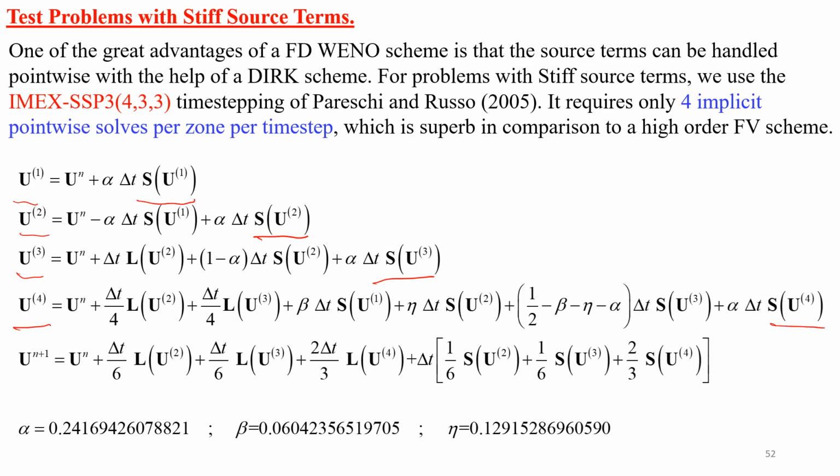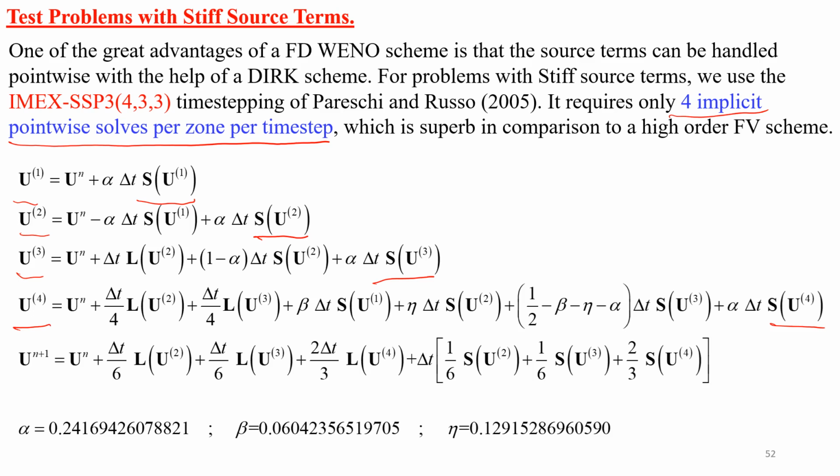So you do only 4 implicit pointwise solves per time step and per zone. Which is very good compared to finite volume schemes, where you would actually have to do your implicit time stepping for the source terms at all different locations of the numerical method.